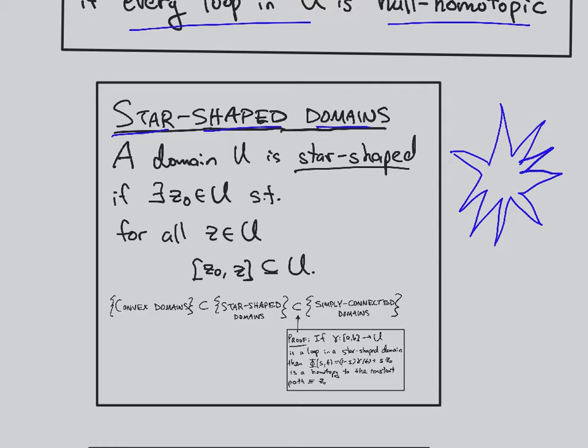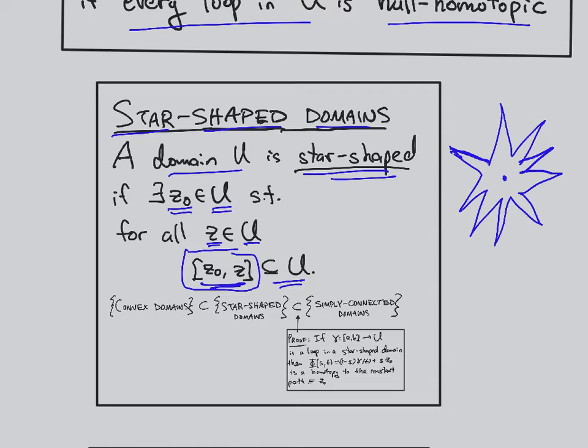Here, this is star-shaped. A domain is star-shaped if there exists a point z0 in the domain, which you would think of as a center in some way, such that every line segment from z0 to z, where z is in the domain, is also in the domain.